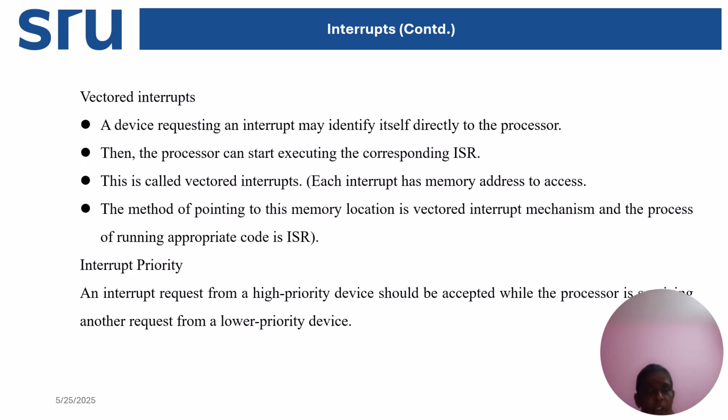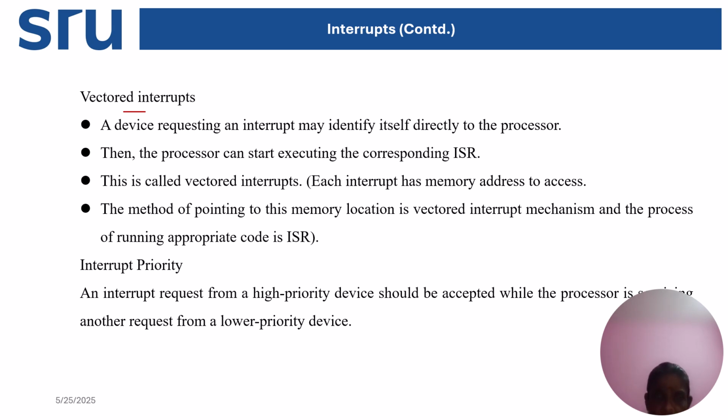Next one, vectored interrupt. As we have already seen, if interrupts occur, then the control will transfer to the ISR. The ISR will be saved in some other memory location, as I told you. If the control transfers to that particular memory location, it is known as vectoring, that is, branching to the particular memory location, I mean the ISR memory address.